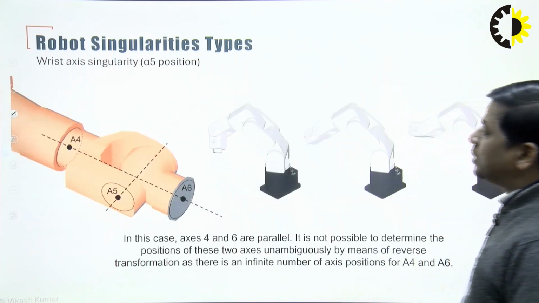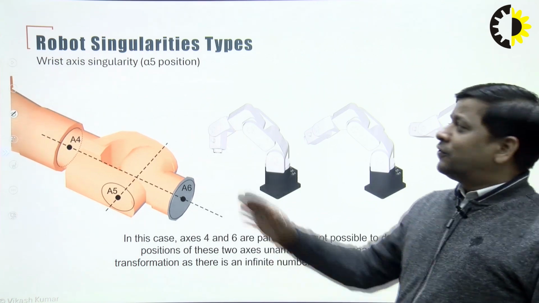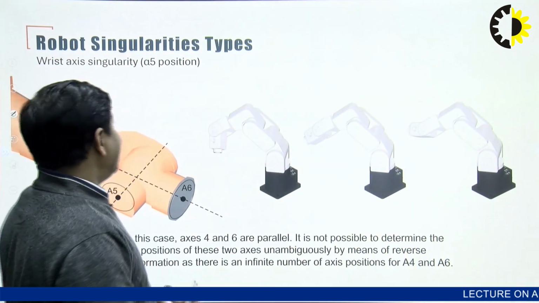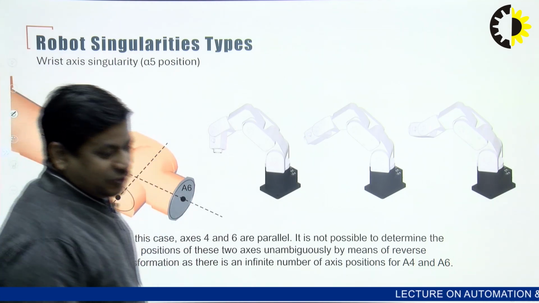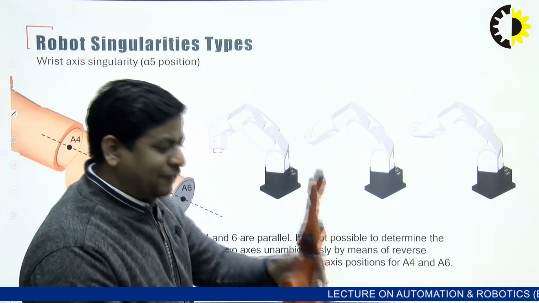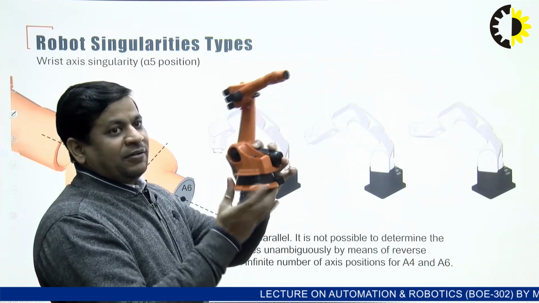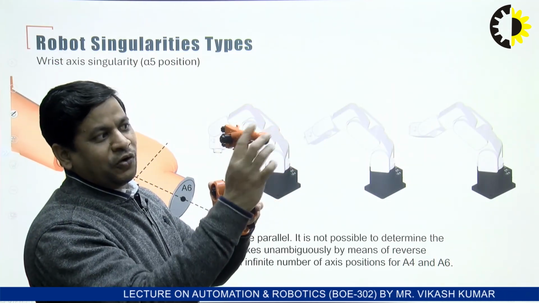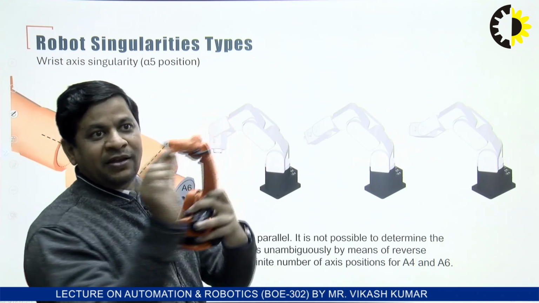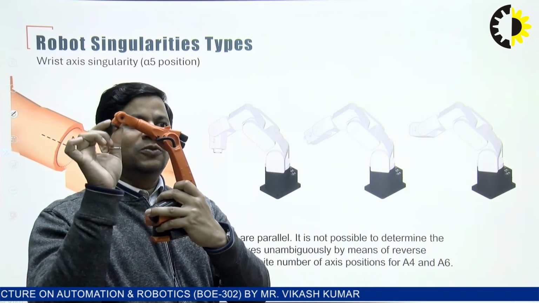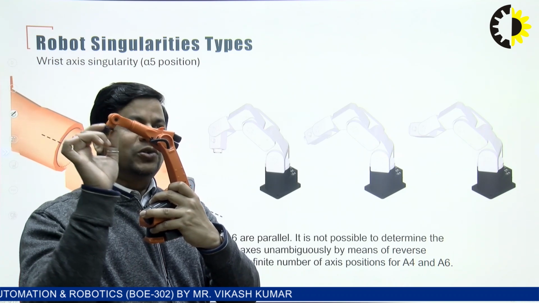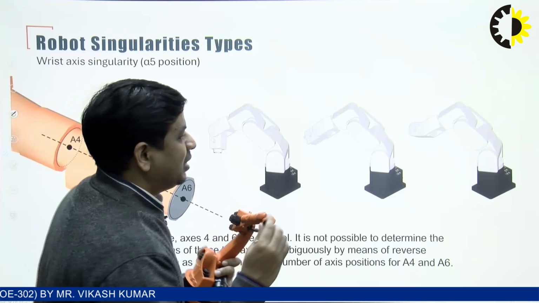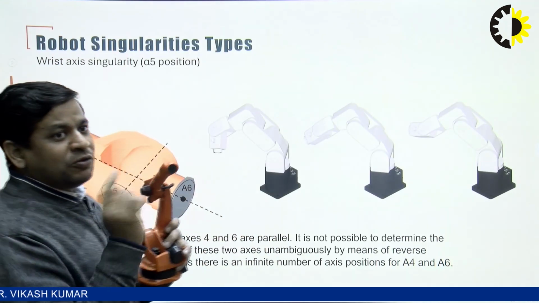Now coming to the last kind of singularity, that is known as alpha 5, or it is driven by axis 5. So what is axis 5? First you have to understand, this is 1, this is 2, this is 3, this is 4 and this is 5, where the robot is moving at the wrist root point, and this last black plate is known as the flange plate, where we have to mount the tool.